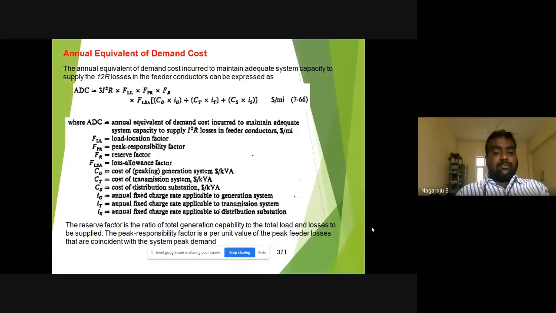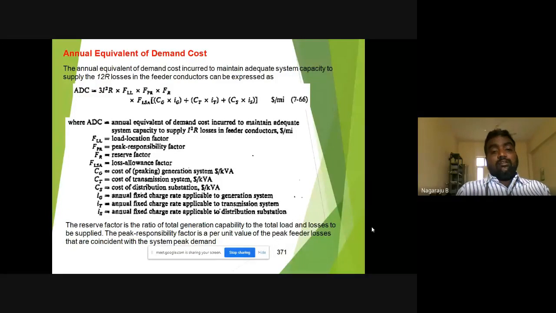The peak responsibility factor is a per unit value of the peak feeder losses that are coincident with the system peak demand. Depending on the peak demand and peak feeder losses, you will get this peak responsibility factor.